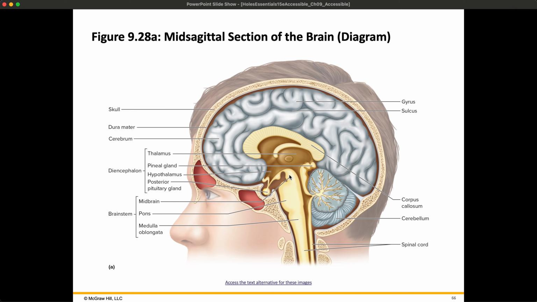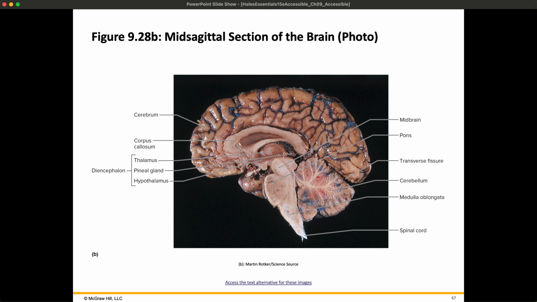And then you have your brain stem. It has 3 regions: the midbrain, just inferior to the diencephalon, the pons, and the medulla oblongata. Just after the medulla oblongata, it's continuous with the spinal cord. Here's a dissected version of that.